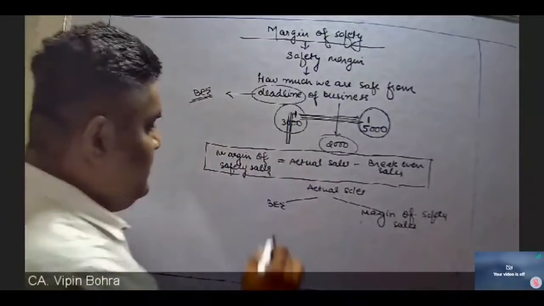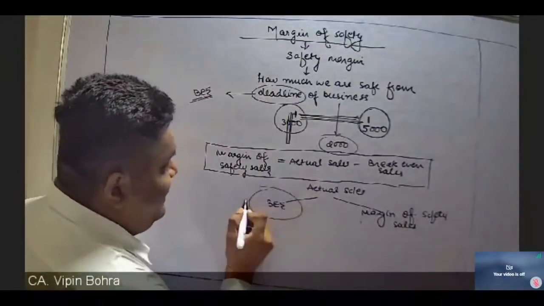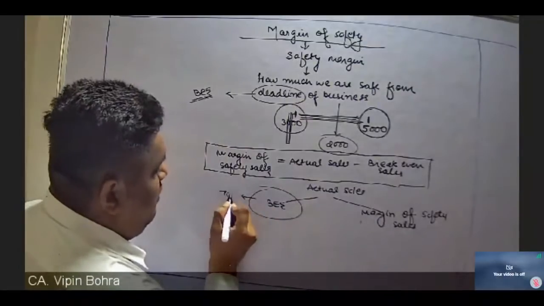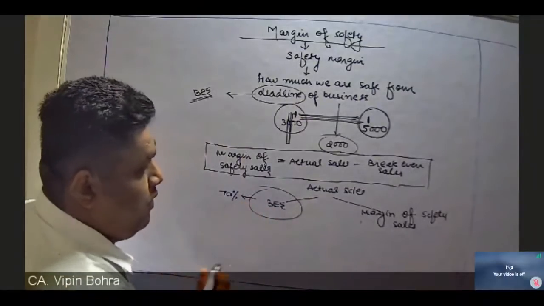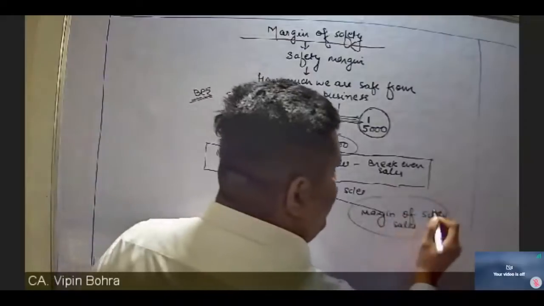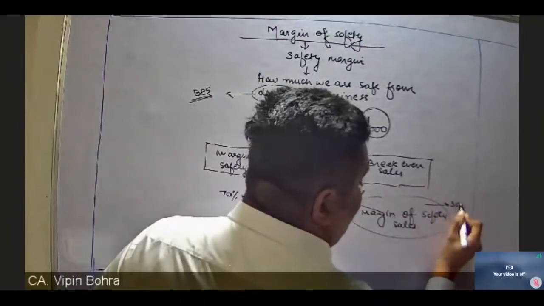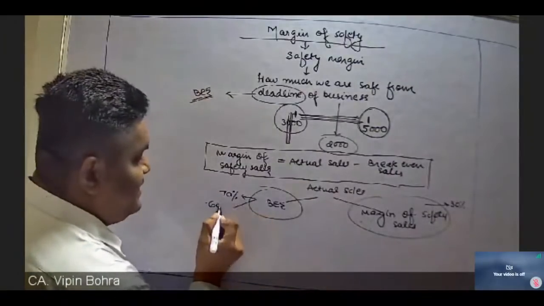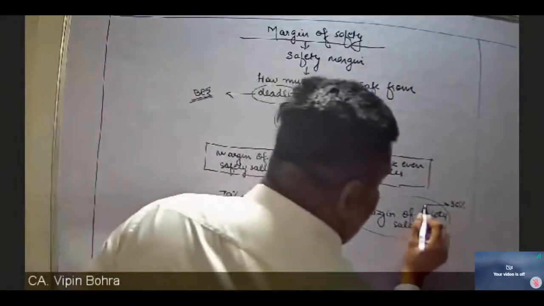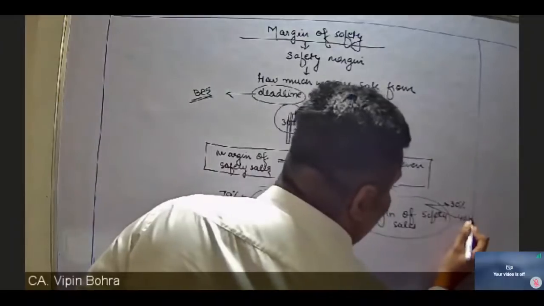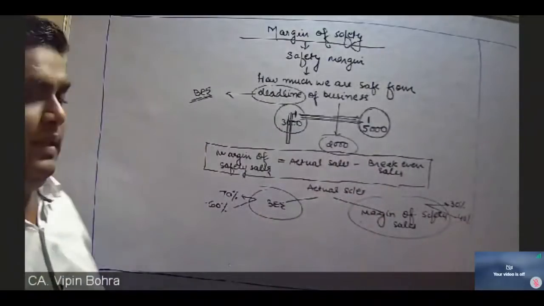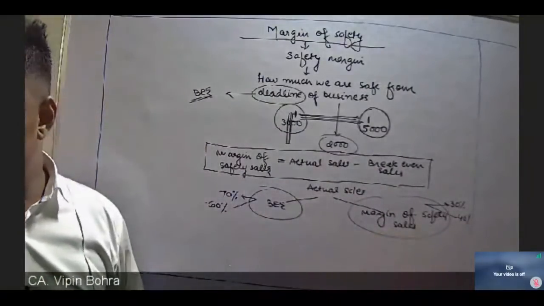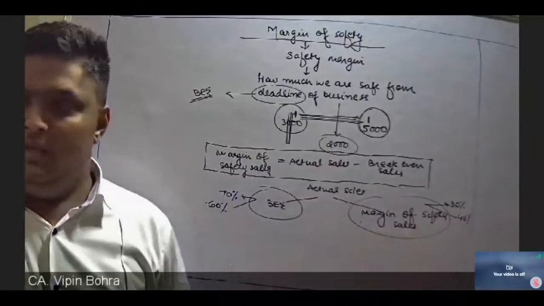Suppose break-even sales is 70% of the total sales. So what will be the percentage of margin of safety? 30% of that. Suppose if it is 60% of the total sales, it will be 40% of that. Please copy this part. I will be discussing more on margin of safety.